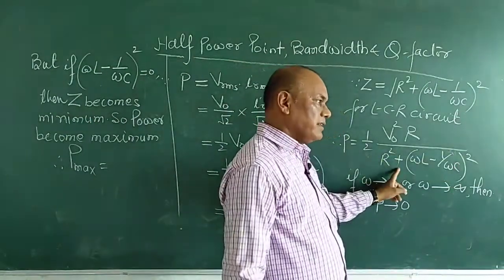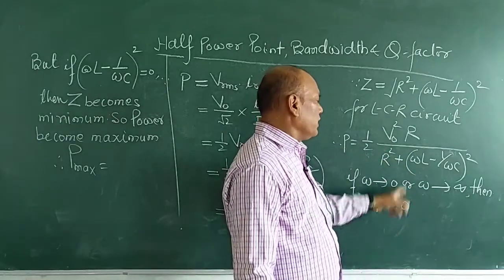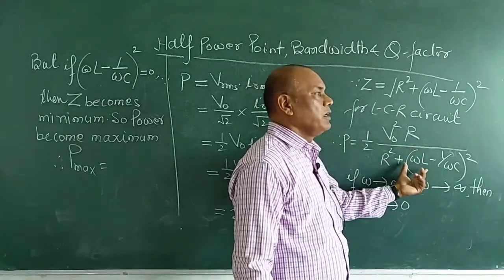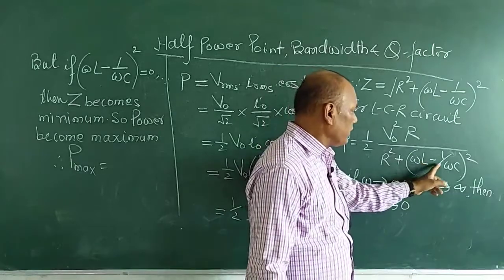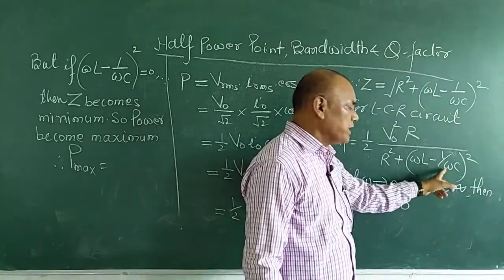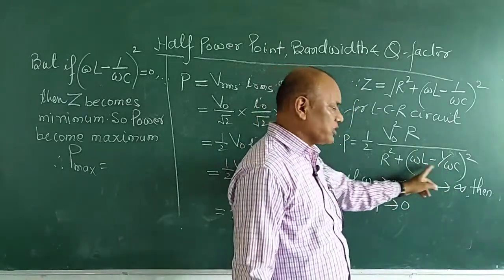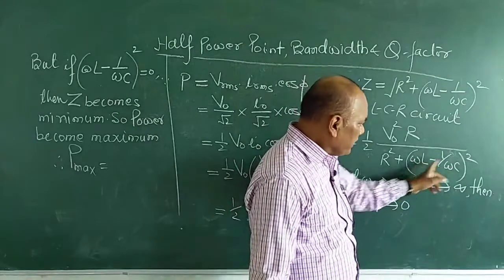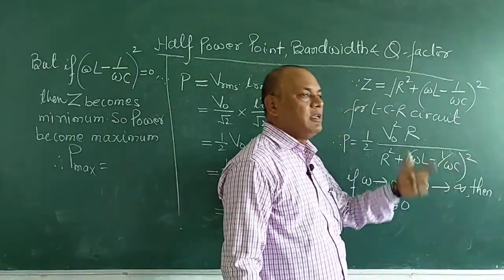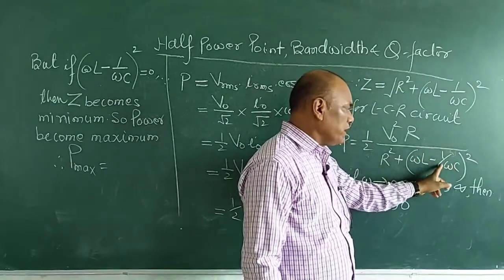Since it is Z, if Z is minimum, then power is maximum. And Z is minimum when omega L minus 1 by omega C whole square is equal to 0. This quantity will never be negative, because being a square it is never negative, so its minimum value will be 0.